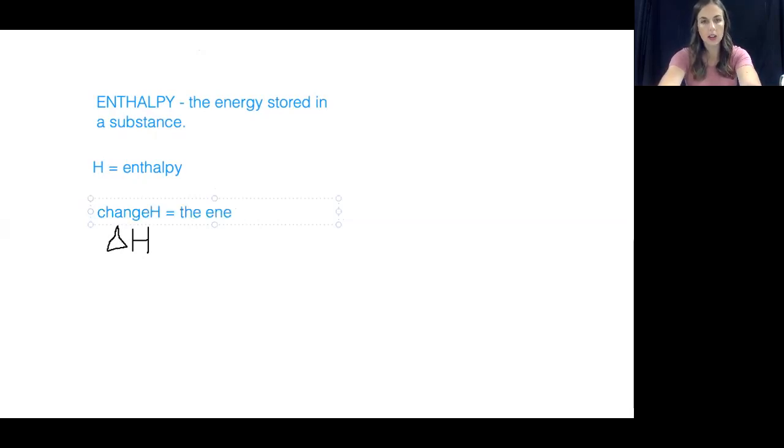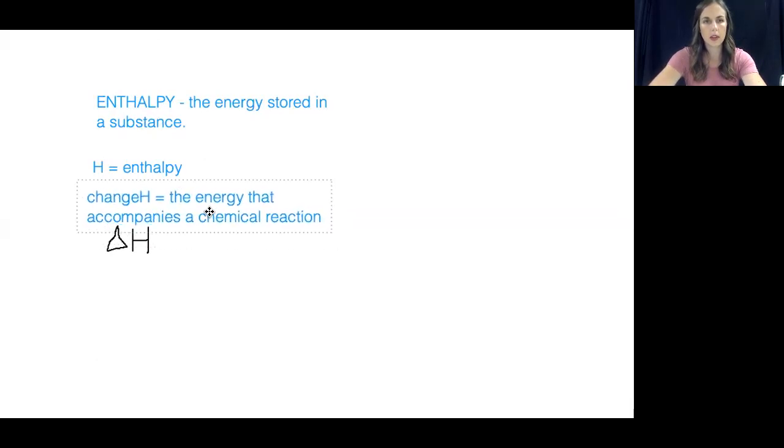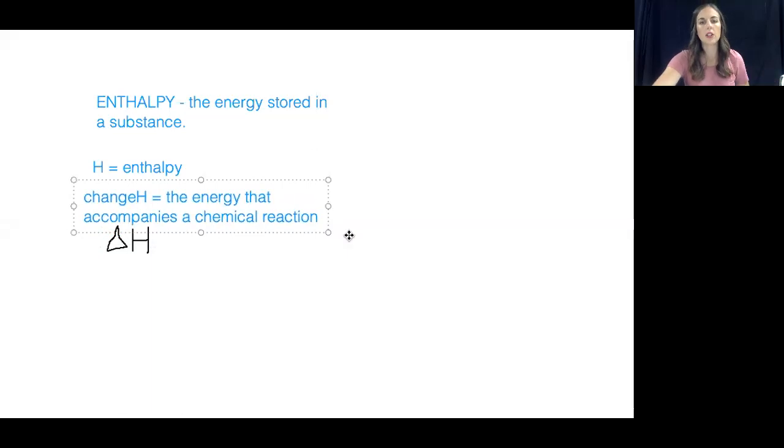That's going to be the energy that accompanies a chemical reaction. Change in enthalpy.